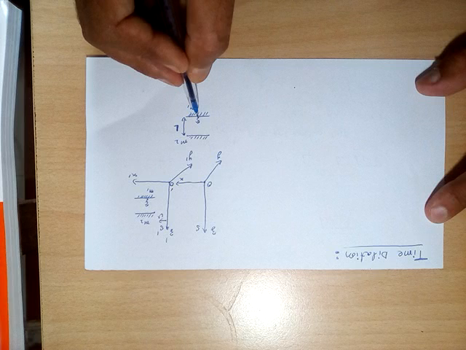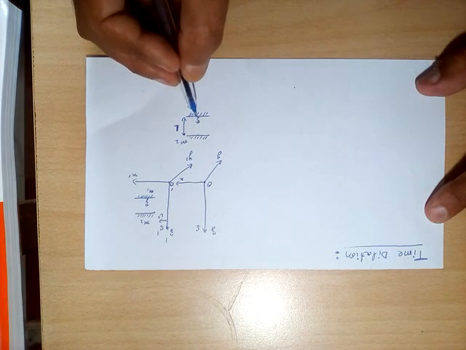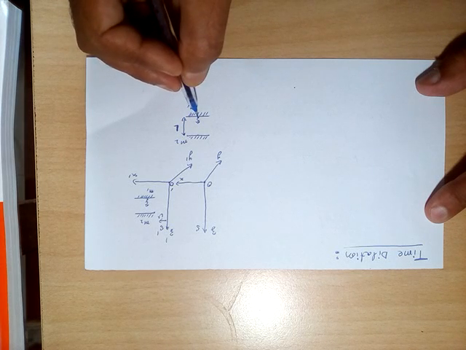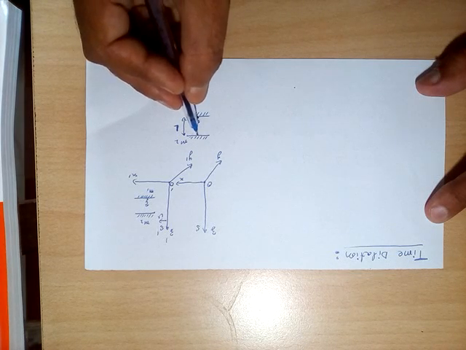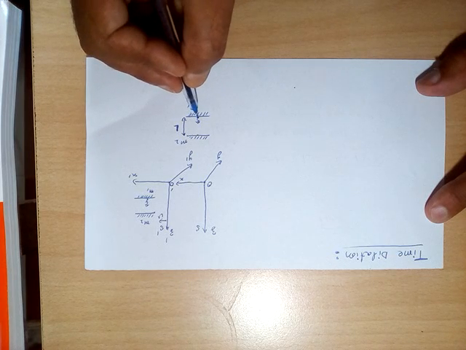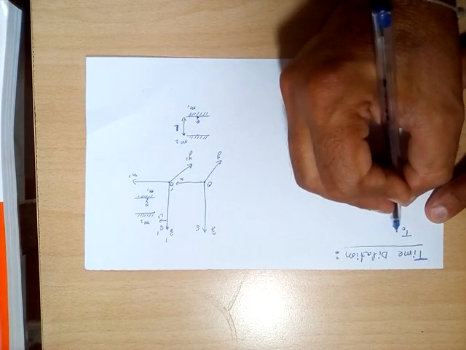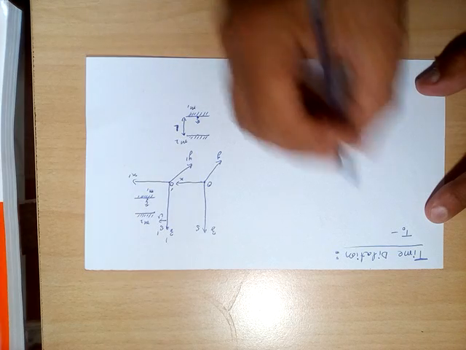So when it goes from here to here, and after reflection it completes the cycle here. Let the time taken by this signal from mirror M1 to mirror M2, and then after reflection back to mirror M1, be T0, and it moves with the velocity of light.